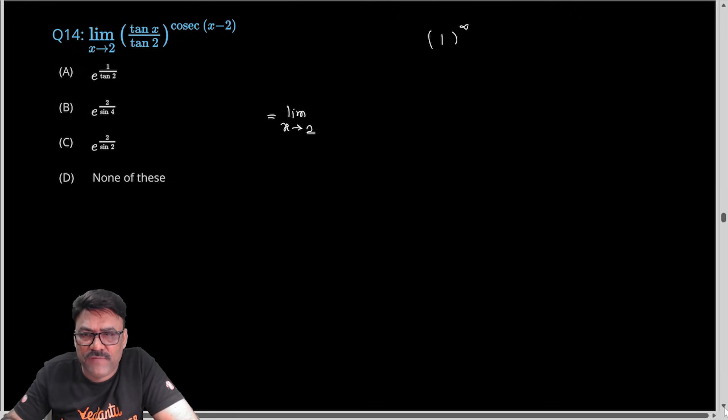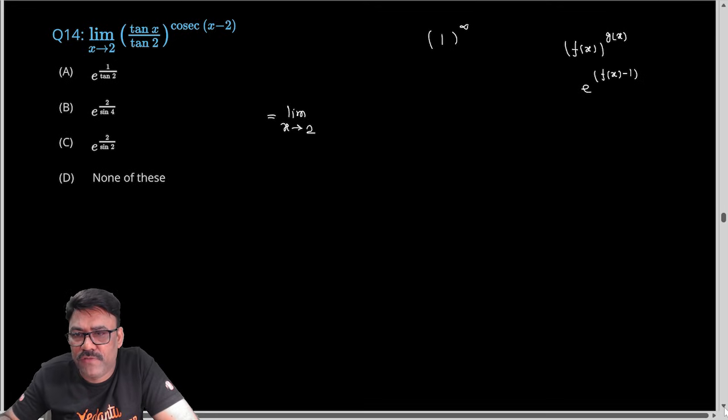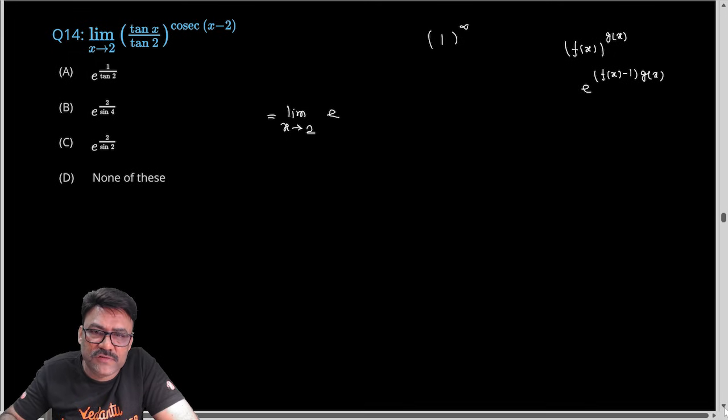Whenever f(x) is approaching 1 and g(x) is approaching infinity, you can write it as e raised to (f(x) minus 1) into g(x). So I can write this limit as e raised to (tan x over tan 2 minus 1) into cosecant (x minus 2).